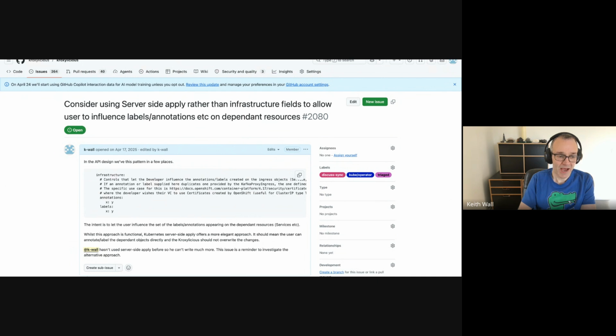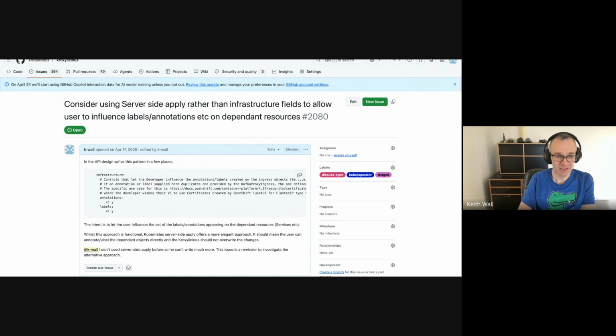Personally, I think that we have to, on a case-by-case basis, decide whether server-side apply is the right approach for a use case, or whether we have to supplement our Kube API.